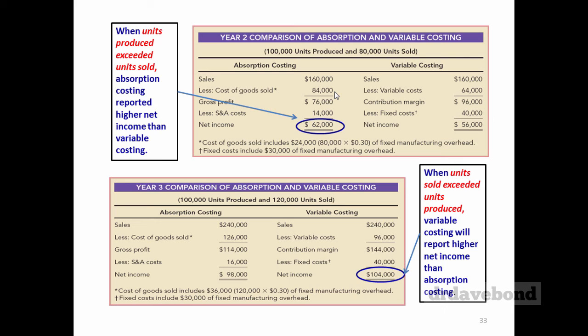That's your variable costs. Then we have our fixed costs, and this is 10,000 sell and admin plus fixed overhead of 30,000. That's how we got the 40,000.